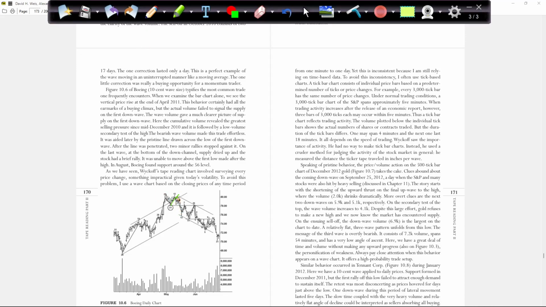So we went from here to here, and then we had a brief rally. It was unable to move above the first low made after the high in August, going from support around the 56 level.